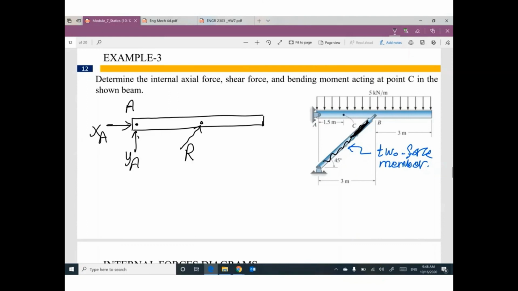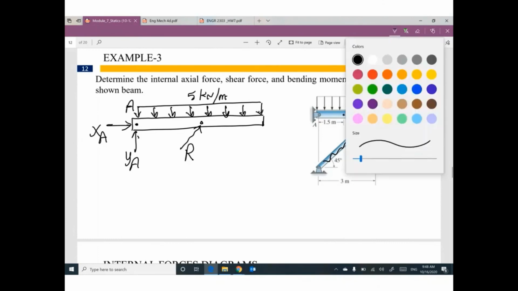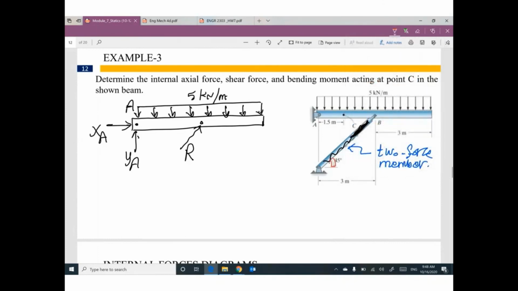And we have a uniform distributed load, 5 kilonewton per meter. This angle is 45 degrees, and this one will be 45 degrees. So we have two components here, the horizontal one and the vertical one: R sine and R cosine.